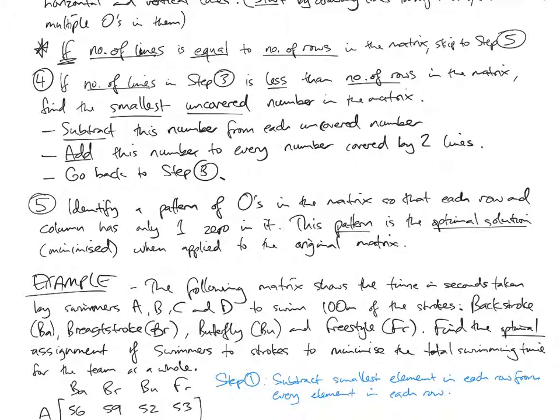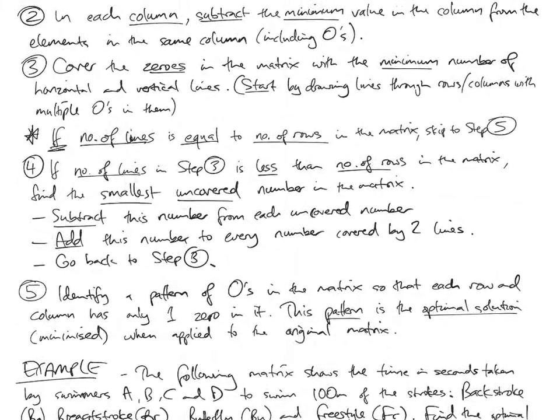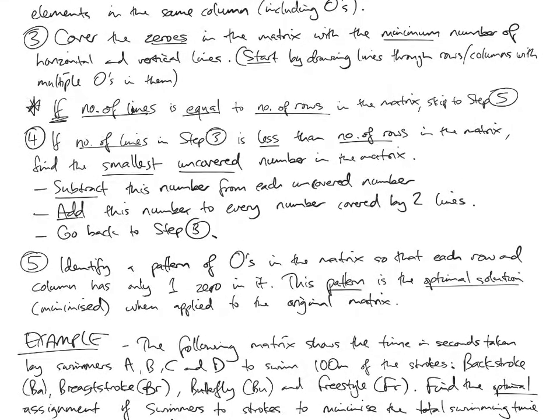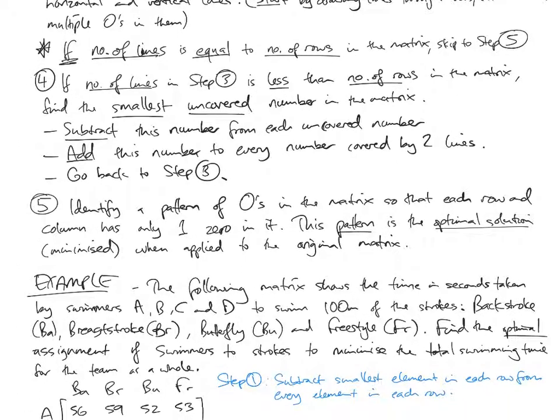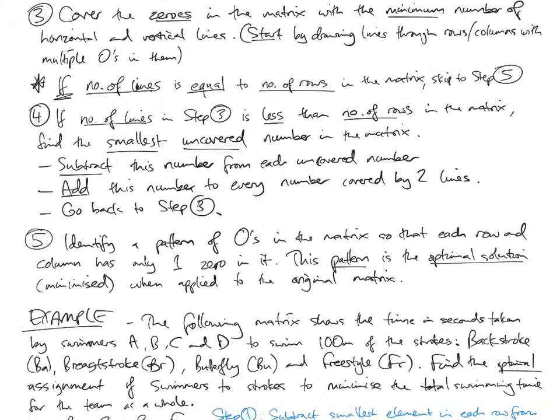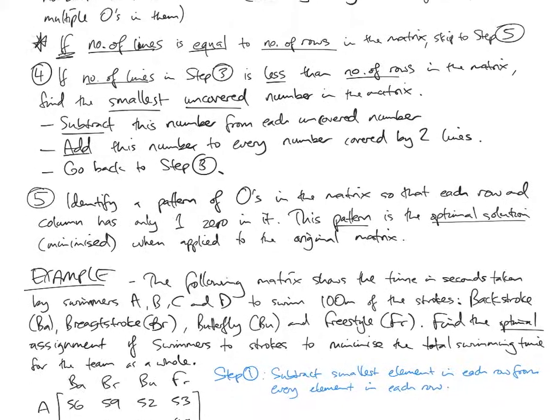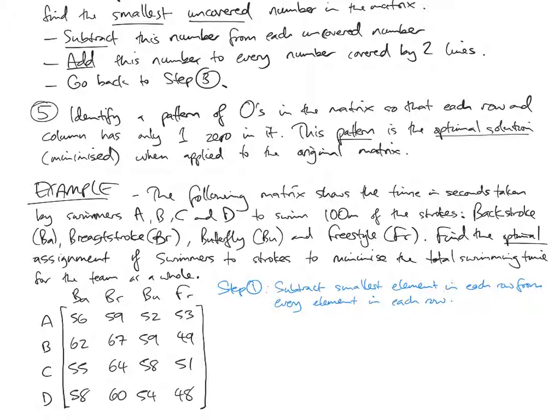Then you go back through and do step 3 again. Okay, so that's the idea of step 4. You try drawing lines through the zeros again at the end of step 4 by repeating step 3.